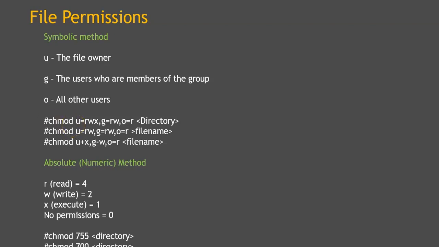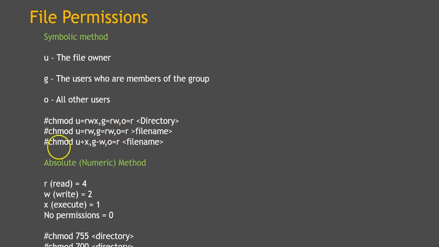And if you give u minus, g minus or o minus, whatever permission you give after minus, like u minus x, means the x permission will be removed for the user. You always need to remember this whenever you execute the chmod command to change permissions.